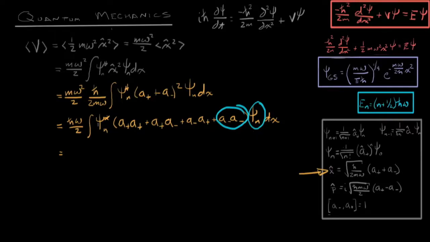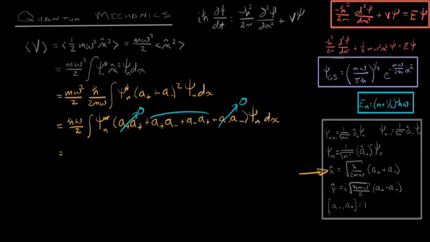But c of n minus 2 is then going to get multiplied by c of n conjugate. Well, these are all orthonormal states, which means that c of n times anything other than c of n is going to be 0, which means this term right here will have no effect. Likewise, the raising operator times the raising operator is going to have 0 effect.